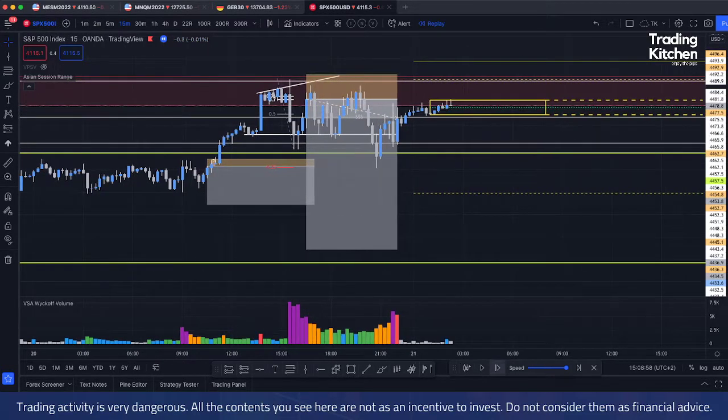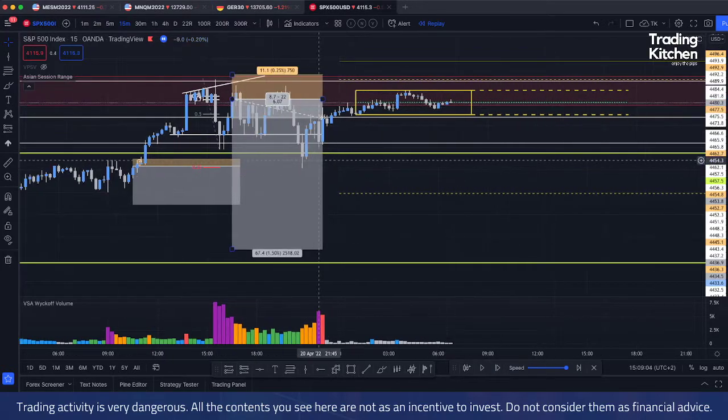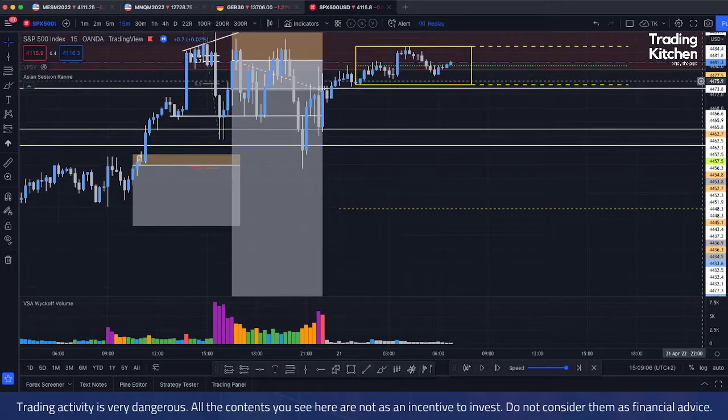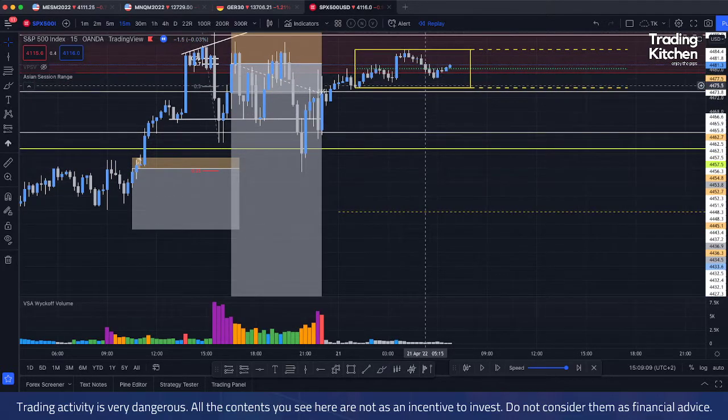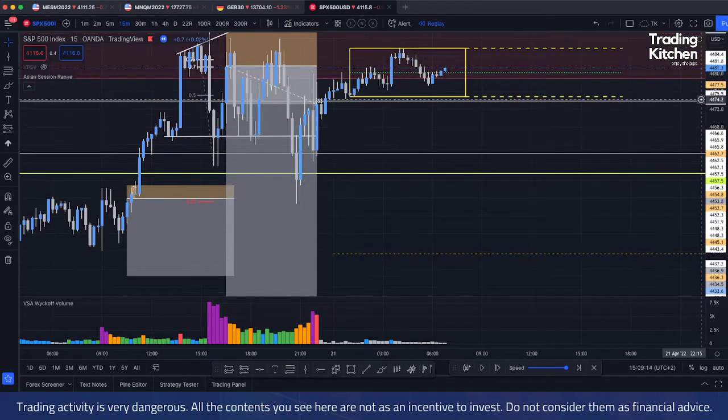Okay, and now we are on the break even because I reached 1.2, and so I probably set my stop loss to break even. Okay, but we are short. Okay, so let's keep on going short.